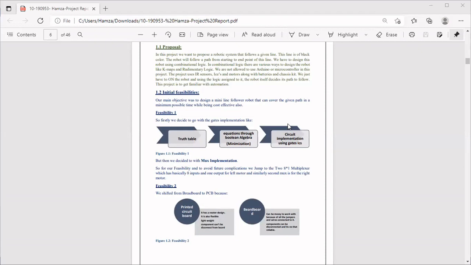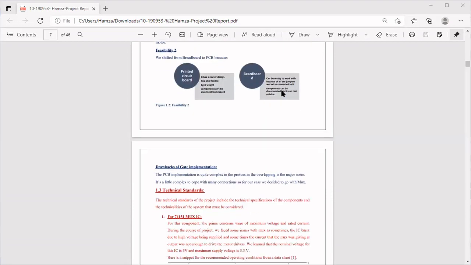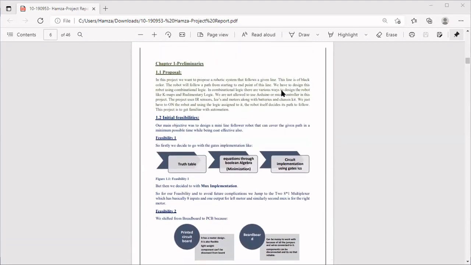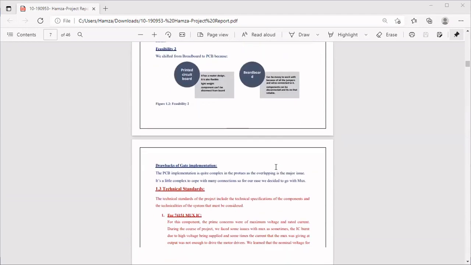When we had a minimized Boolean equation, using that equation we drew the schematic on Proteus, and then we discussed the connections of the components. The requirements of the project, as discussed earlier, are to use combinational logic and to use 4 sensors. We are not allowed to use Arduino or a microcontroller.